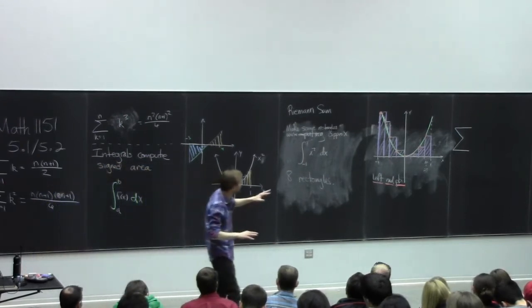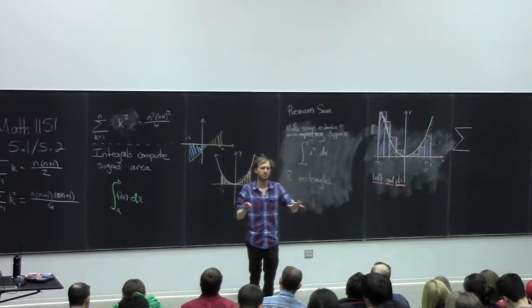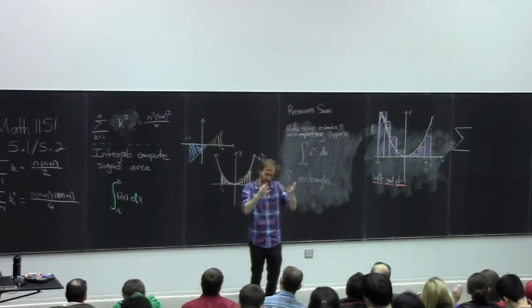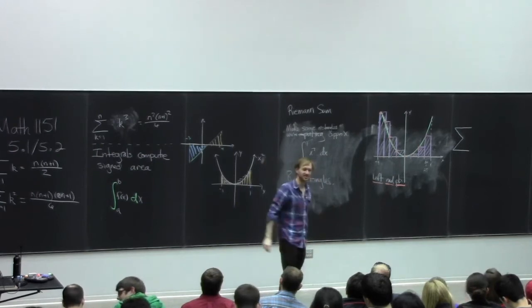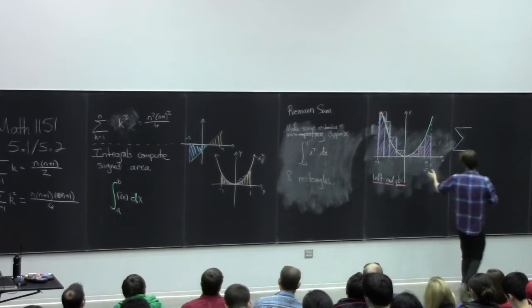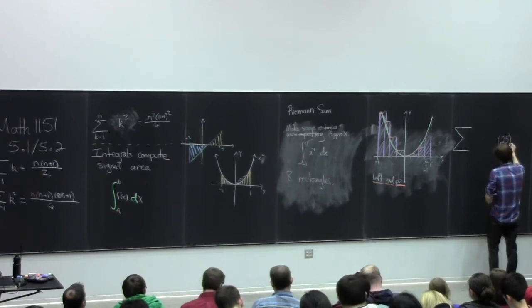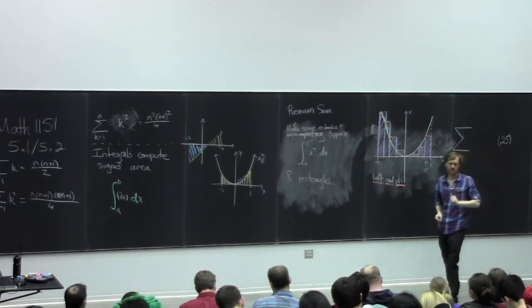Okay, so now I'm going to try to write a formula. How do you compute the area of a rectangle? Should be easy, right? Base times height. What's the base? Delta x, which is 0.25.